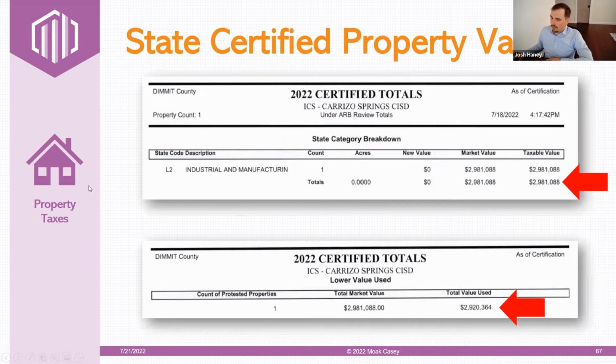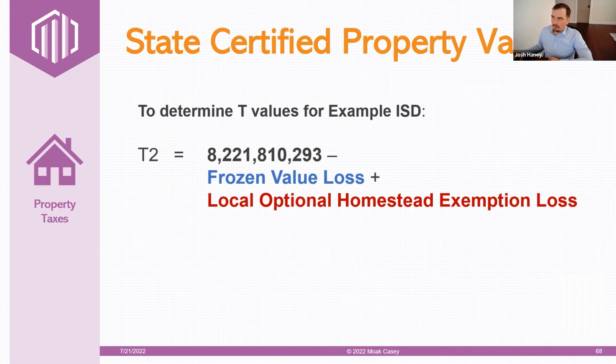Okay, and so again, just another little way you can refine that estimate and better understand what values are under protest and where your CAD thinks those may land. So you can see I didn't make an adjustment to this number because it's only $60,000, but again, feel free to do that if your situation is different. But I got my net taxable figure in here. I feel good about that.